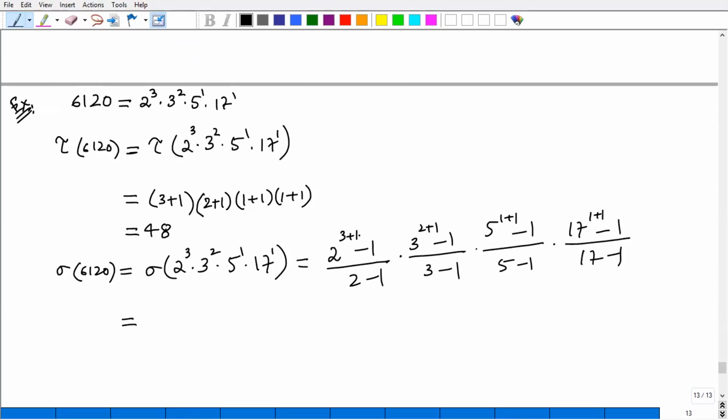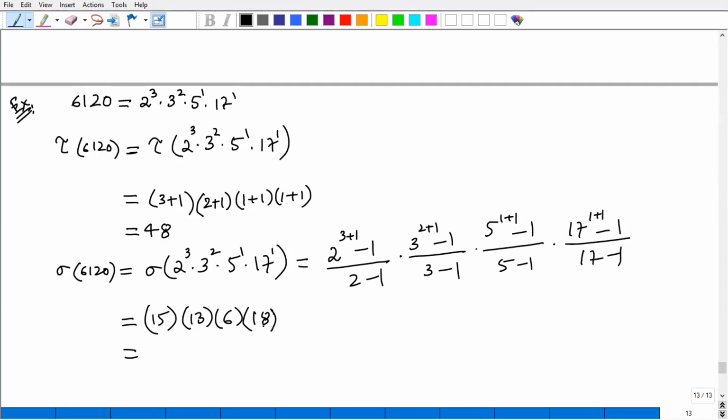So 3 plus 1 is 4, 2 to the power 4 is 16, 16 minus 1 is 15. 2 plus 1 is 3, 3 to the power 3 is 27, 27 minus 1 is 26, 26 divided by 2, because 3 minus 1 is 2, so this is 13. 5 squared is 25, 25 minus 1 is 24, 24 divided by 4 is 6. 17 squared is 289, 289 minus 1 is 288, 288 divided by 16 is 18.